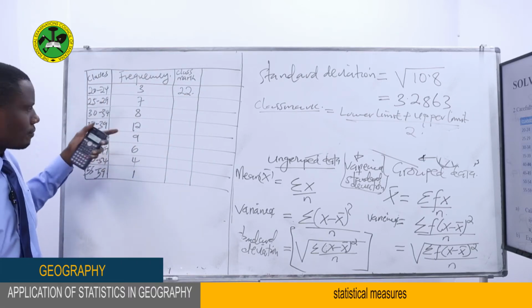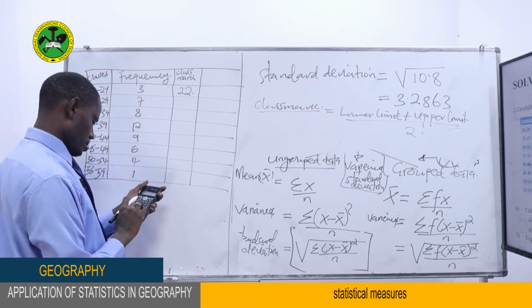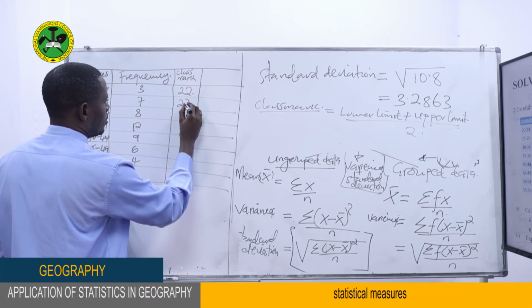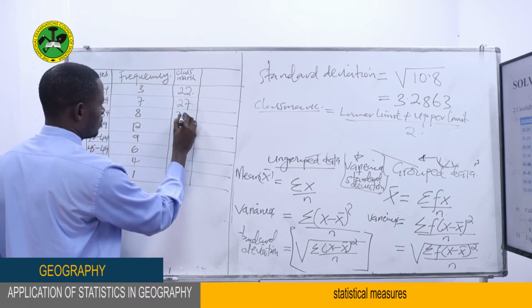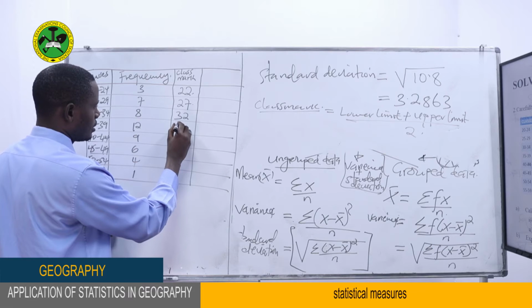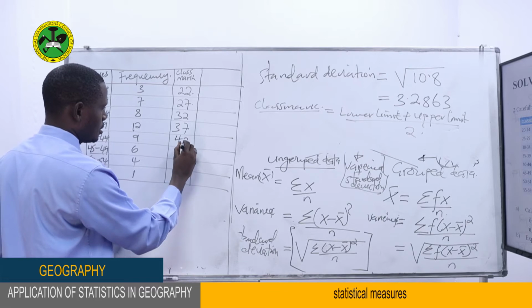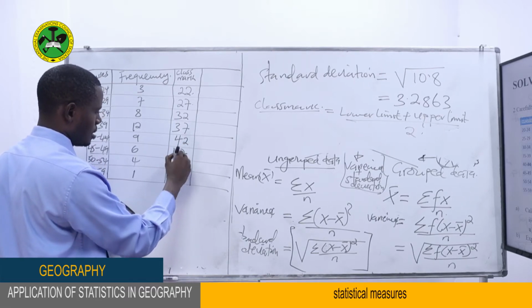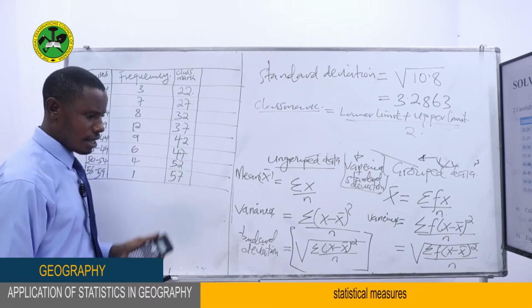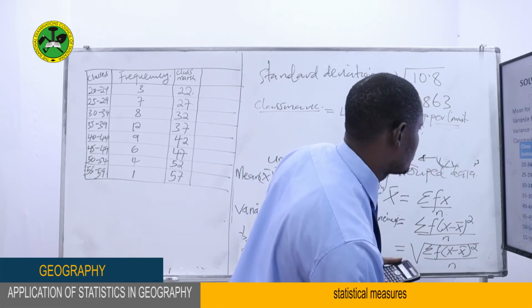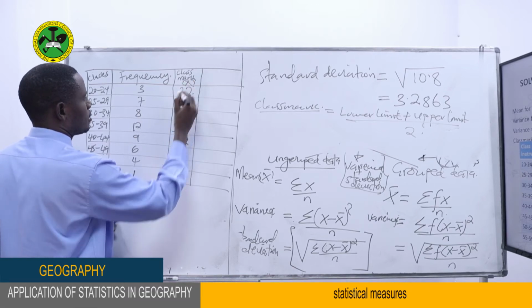Because the class interval is 5, it will be 22 plus 5, then we get 27, then plus 5 we get 32, again plus 5 we get 37, then 42, then 47, then 52, then 57. This is the class mark, which stands for x.